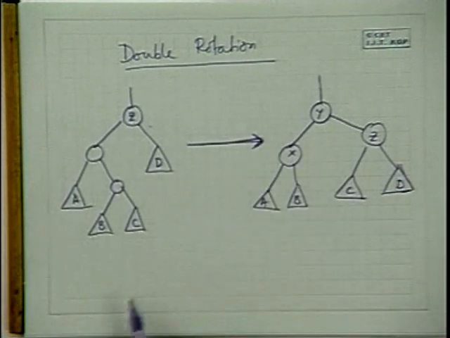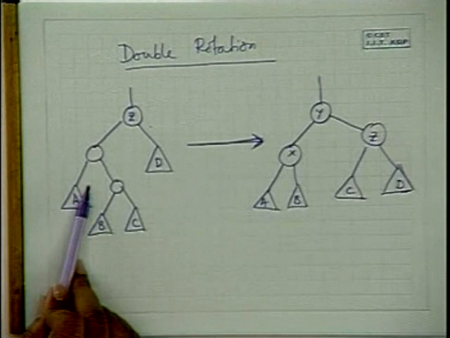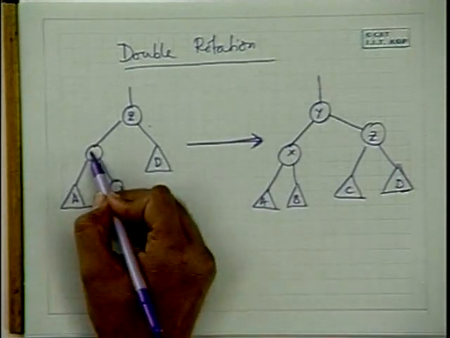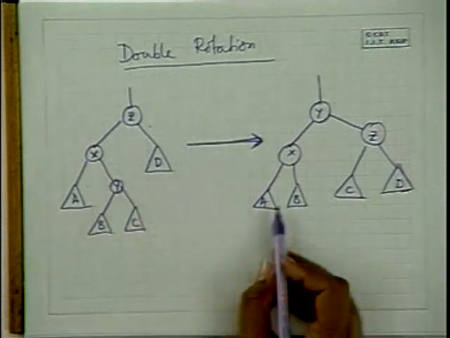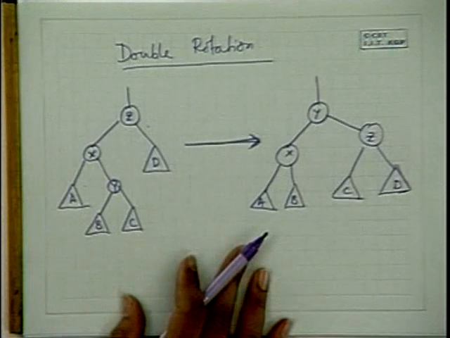So if we go from this configuration to this configuration, where this is X and this is Y, this is called a double rotation. You can see how the double rotation is performed.